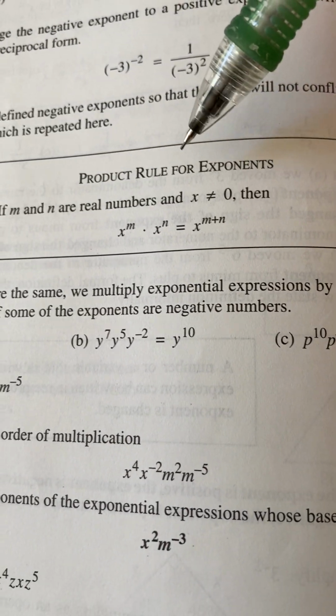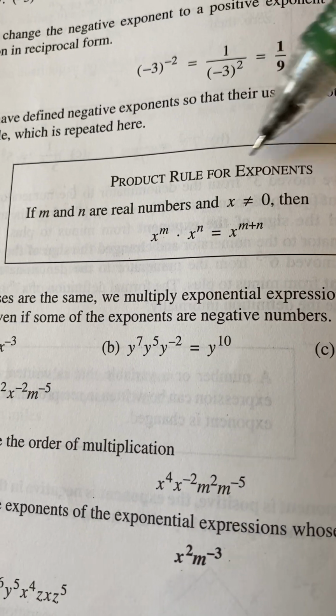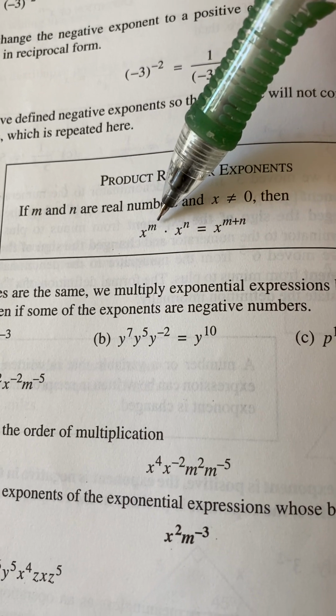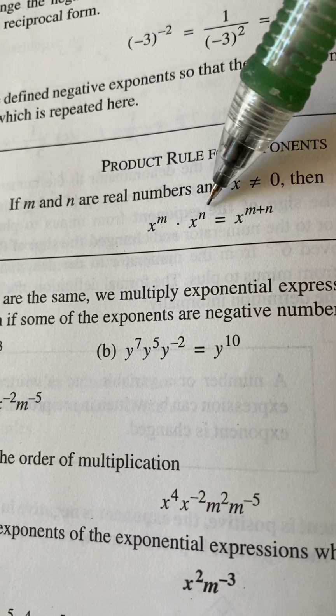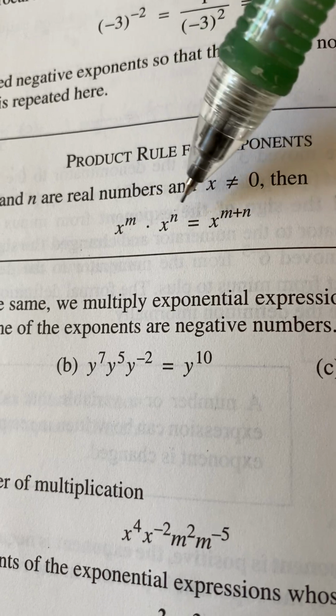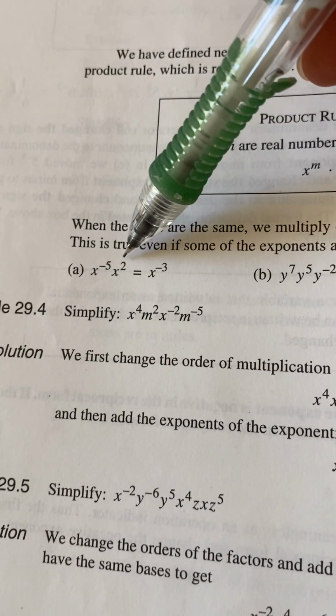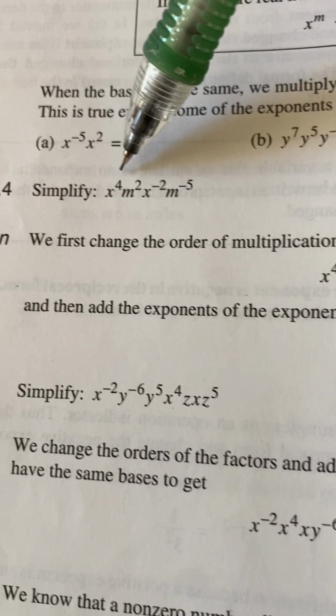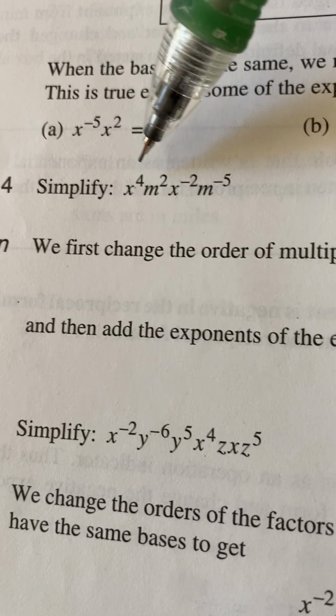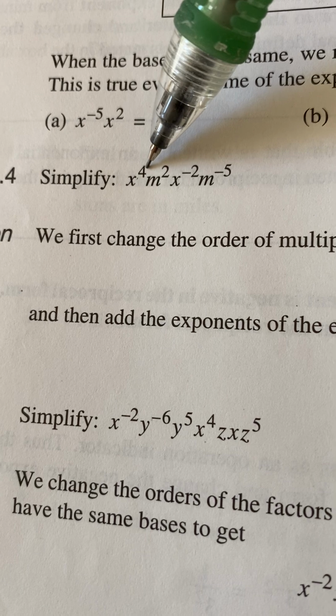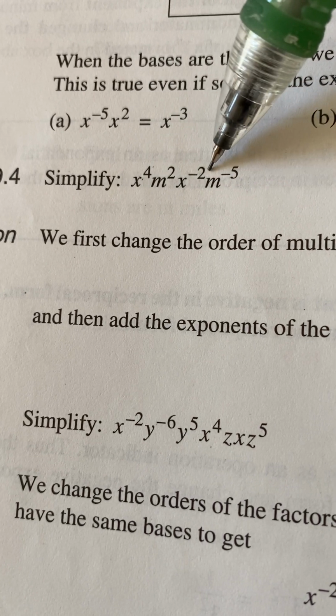All right, we learned a couple weeks ago the product rule for exponents. If you have x to the m and you multiply by x to the n, we simply add those two numbers together. Well, the same is true when we are combining our like bases. So here we have x to the 4 and x to the negative 2.